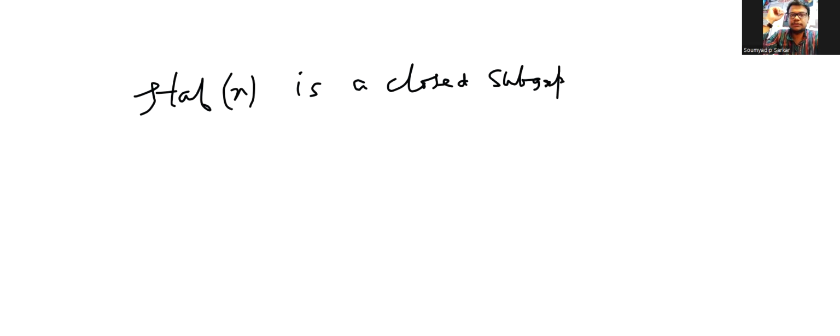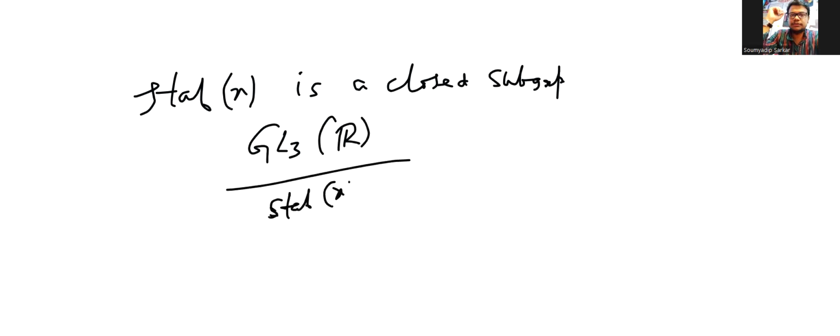Whenever you have a Lie group and a closed subgroup, you can define the quotient. So we have this Lie group GL3R and this closed subgroup, the stabilizer of X. Now GL3R modulo the stabilizer of X is the space of all left cosets of the stabilizer of X.